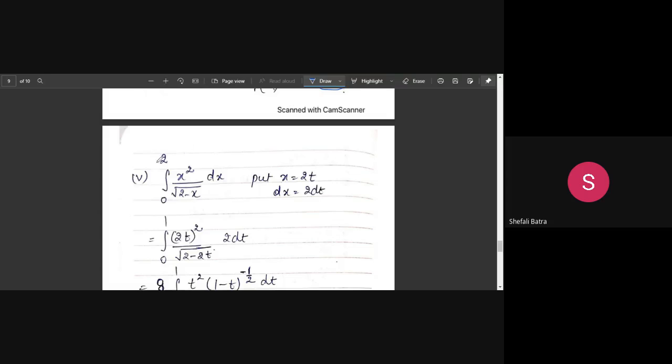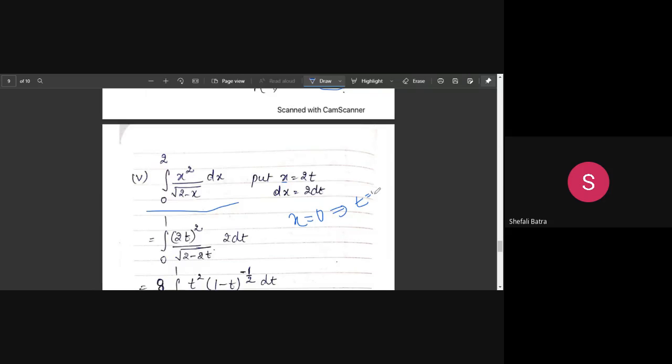Similarly, evaluate this integral: integration 0 to 2 of x square root of (2 minus x) dx. So you will be using a substitution. x is equal to 2t and dx is equal to 2 dt. If x is equal to 0, this implies t is equal to 0.